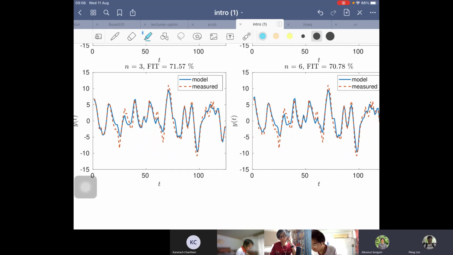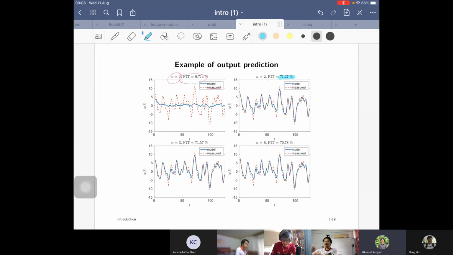I think these two are really the same. But the degree of 3 is the best here. The degree of 3 is the best? Yes, but it depends. If you take a look at these three numbers, second order, third order, and sixth order, are they significantly different?